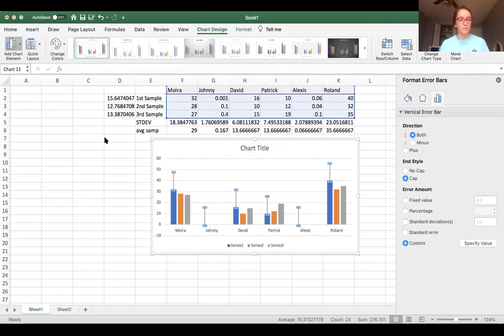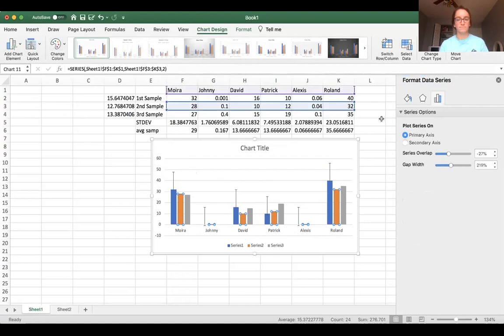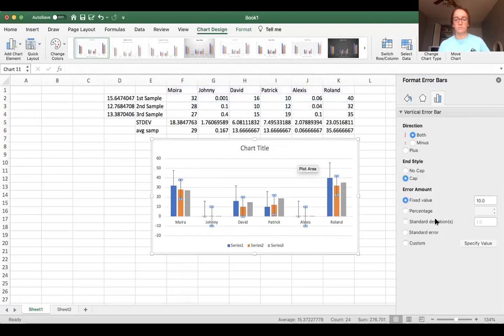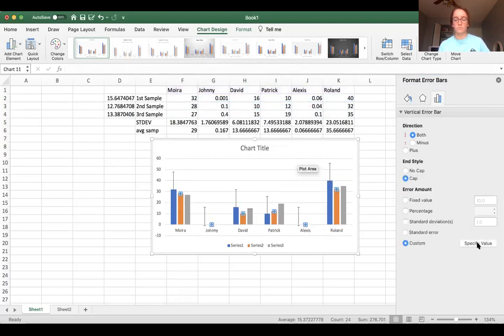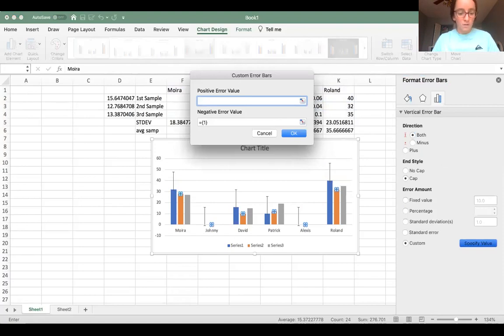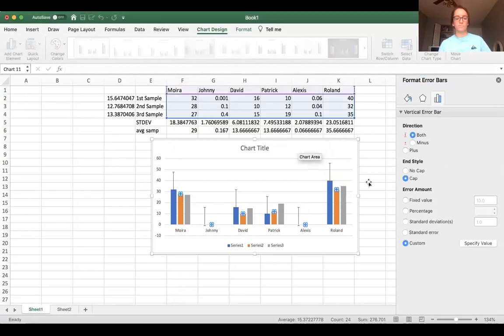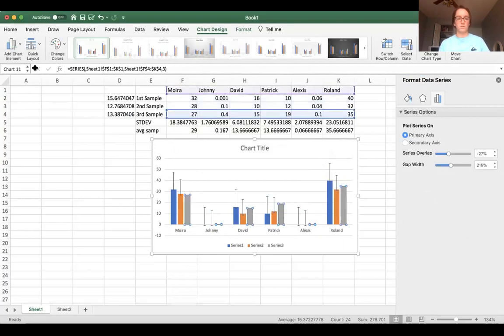Do this for each of them. Second series, and then the third.